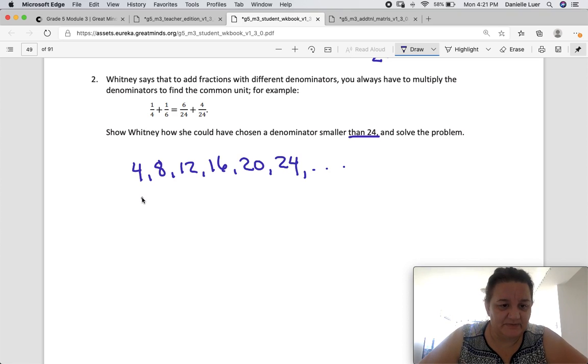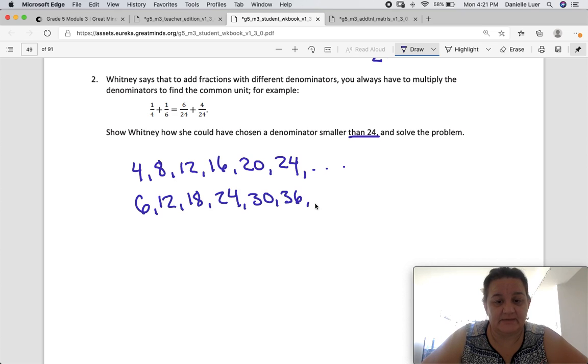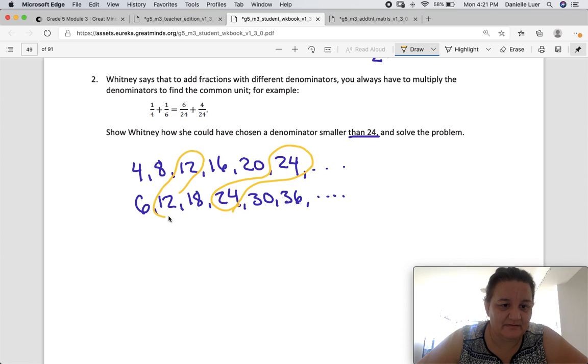Then 6's would be 6, 12, 18, 24, 30, 36, and then we could keep going. And we have 2 common denominators here, 24 and 12. Okay, do we have to use 24? No, we don't. We can use 12.